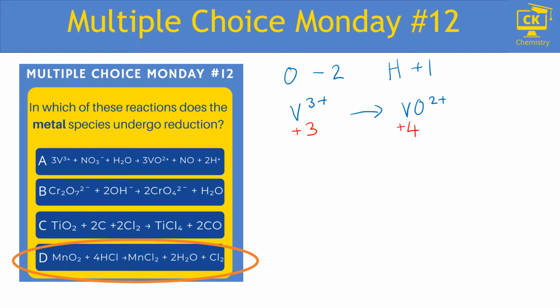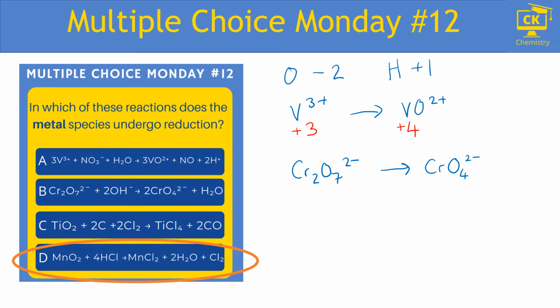In B, we've got what we should be familiar with, the dichromate ion, going to the chromate ion. And again, I can work out oxidation numbers. Oxygen is -2, gives me -14 in Cr2O7.